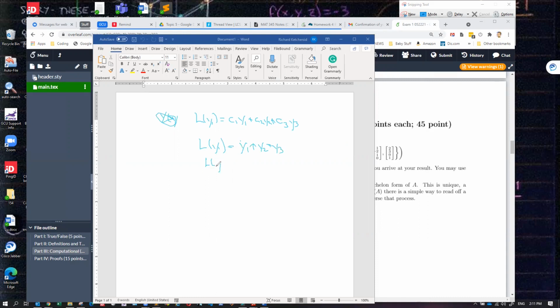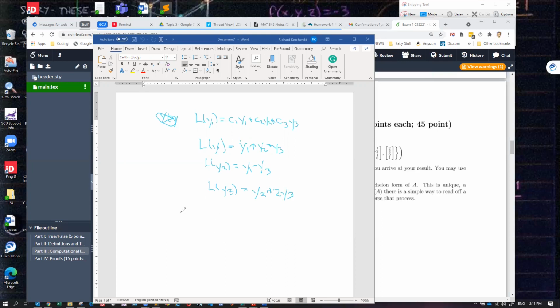And L of Y2 is equal to, say, Y1 minus Y3. I'm just going to make some stuff up, okay? And L of Y3 is equal to, let's say, Y2 plus 2Y3. I don't actually remember what the things were.